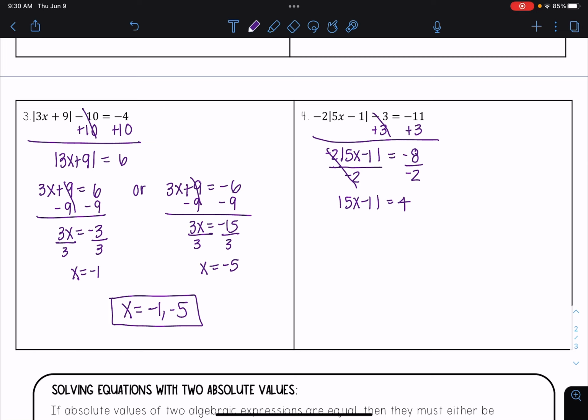So now we can go ahead and split this. So I have 5x minus 1 is equal to +4, or 5x minus 1 is equal to -4. And then I just need to solve both of those.